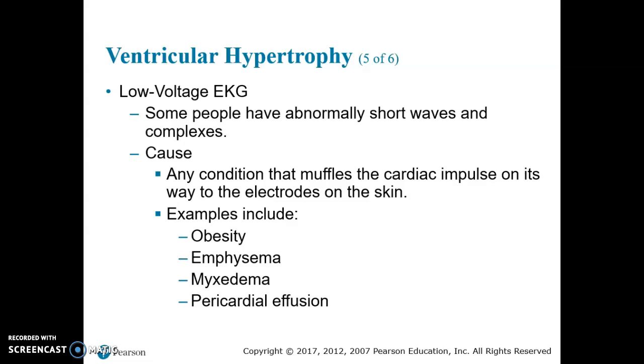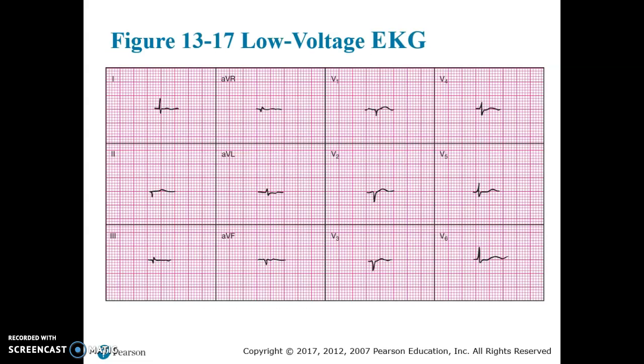So if you see obesity, or if a patient has emphysema, myxedema, or pericardial effusion, that would be what we're talking about there. These conditions could muffle what we see on that EKG. So going over, this would be what we see with a low voltage EKG.